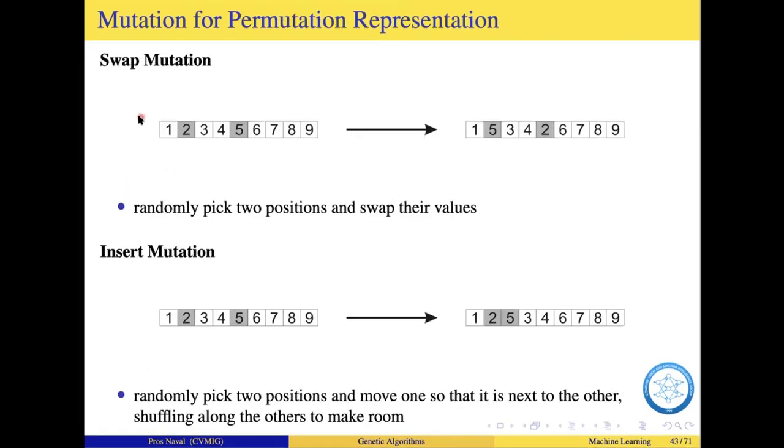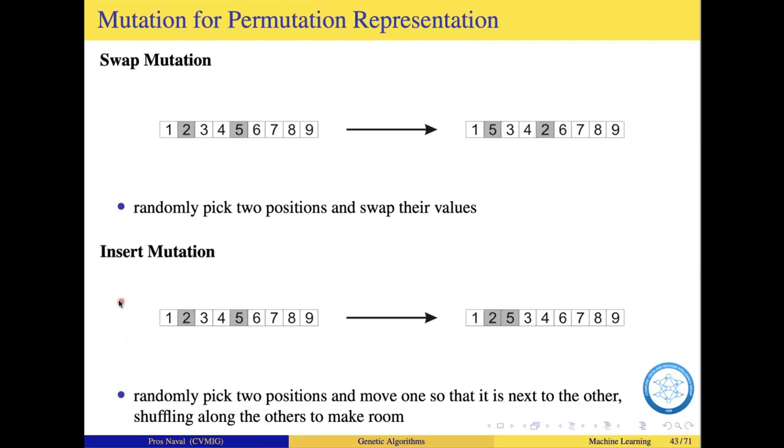So how do we mutate a representation for a permutation? We can do a swap mutation. Okay, so we randomly pick 2 positions and we swap their values. Okay, so randomly pick the 2nd and the 5th position, then we swap the 2.